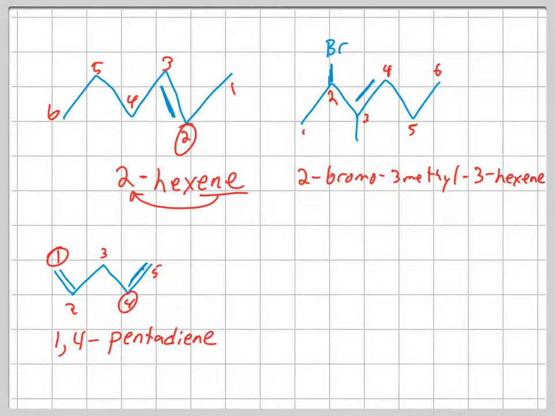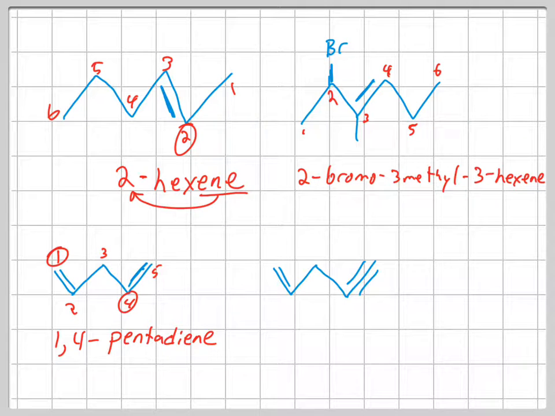Well, triple bond, instead of being an ENE, it's YNE, just as the instructions give you there. So let's say that we had the same molecule, same idea to it, but on this end we had a triple bond, and this end we had a double bond. Now, which one is going to get the precedence here?